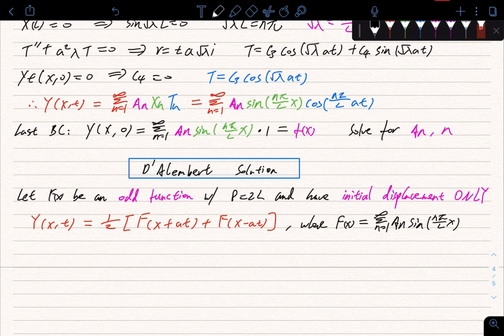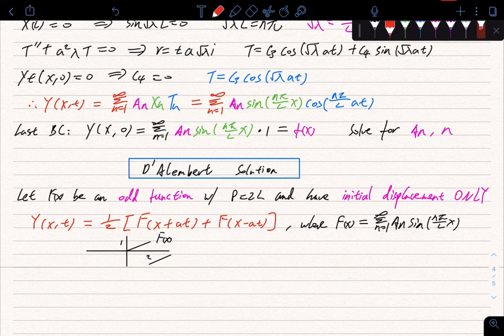For a periodic function, for an odd function like this, let's just say this is 2 and this is 1, and this is f of x. Then let's do an extension right here.